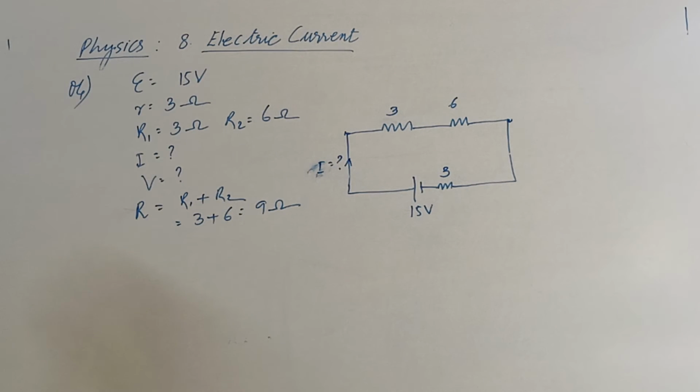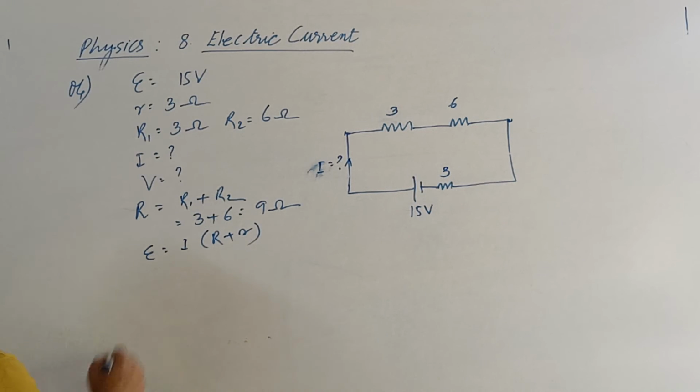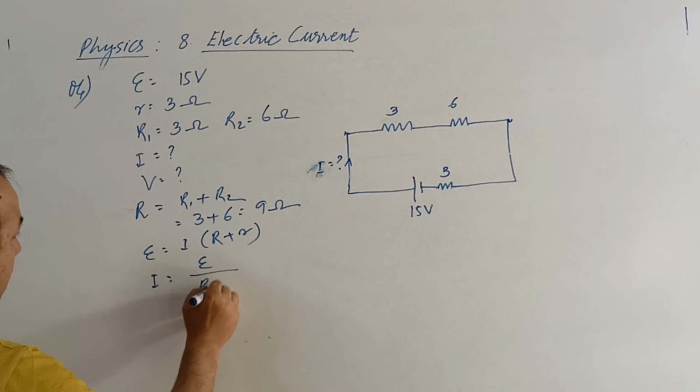Then after that we need to find the current. We know that EMF is equal to I bracket capital R plus small r. From here, I is equal to EMF by capital R plus small r.